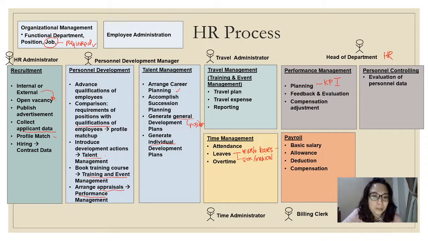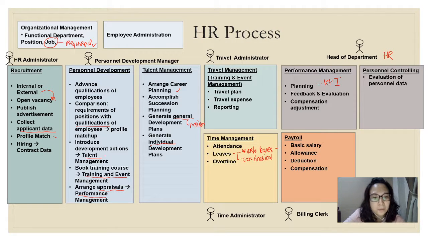Basically allowance is something that increases your salary. And then there is also deduction, which decreases your salary. Examples of deduction are tax, and in Indonesia we have BPJS. Biasanya BPJS akan motong salary.